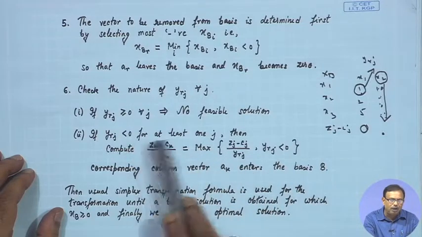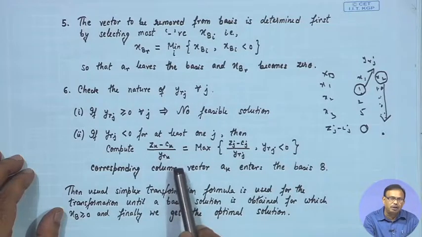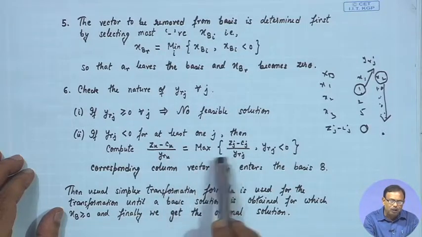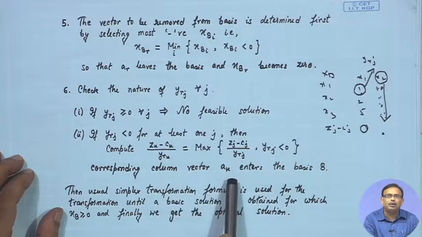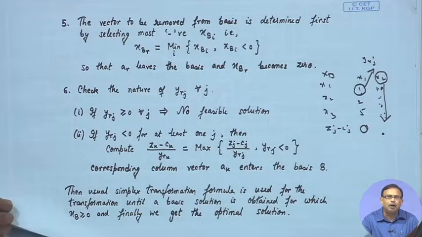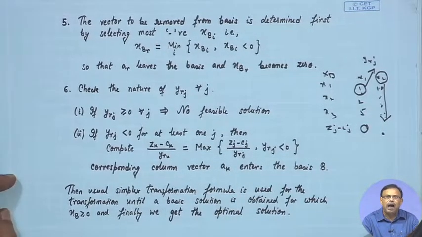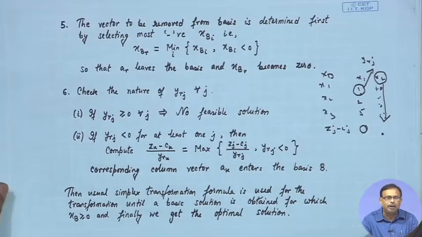Whereas, if y r j is less than 0, then we compute z k minus c k by y r k equals the maximum. The corresponding column vector a k will enter into the basis, and I will repeat the steps until I obtain the optimal solution that satisfies the feasibility condition, that is x b greater than or equal to 0.